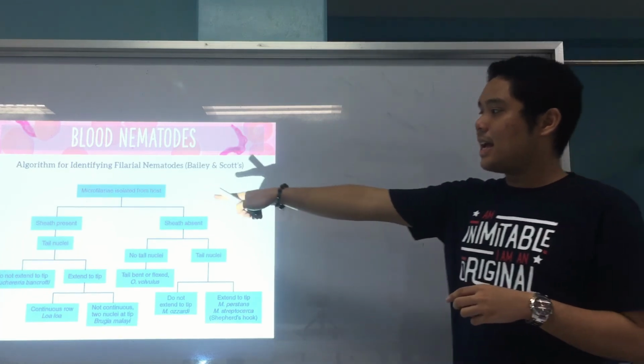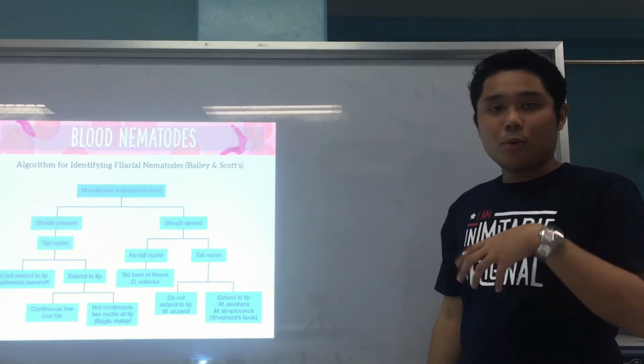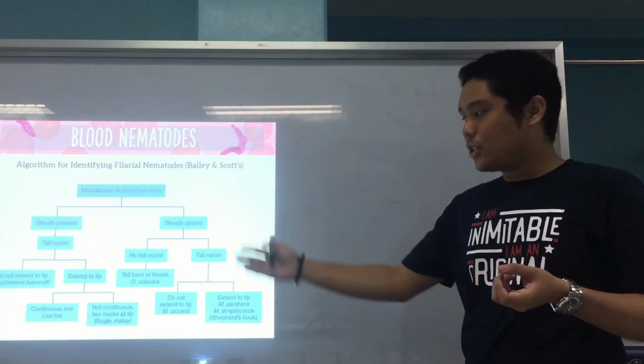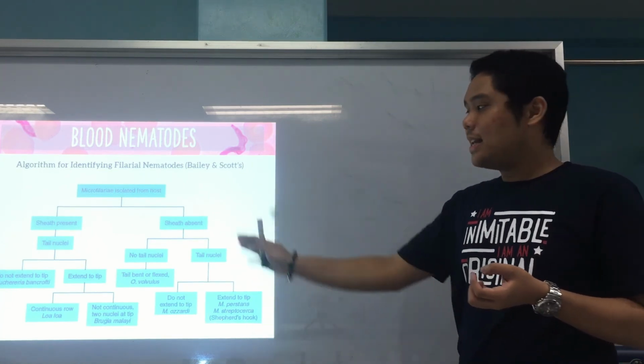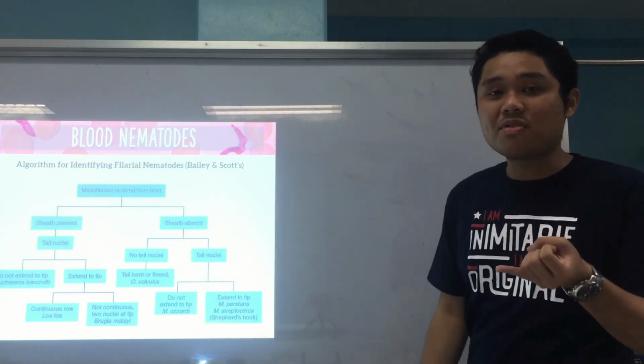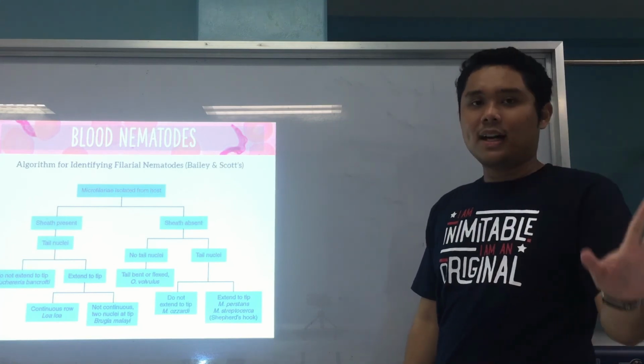Alright, so let's say the sheath is present, so we look at the nuclei. Now, if there are no nuclei at the tip, do not extend to the tip, right? So that's Wuchereria bancrofti. Again, Wuchereria bancrofti nuclei do not extend to the tip of the tail, but it's sheathed. Okay, that's at one end.